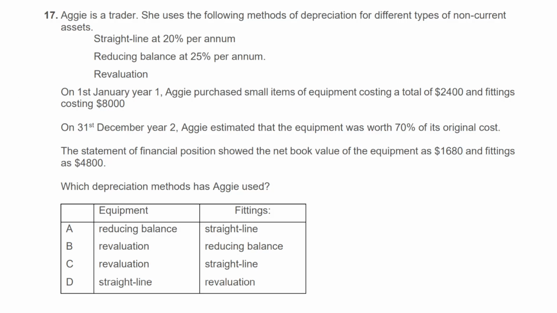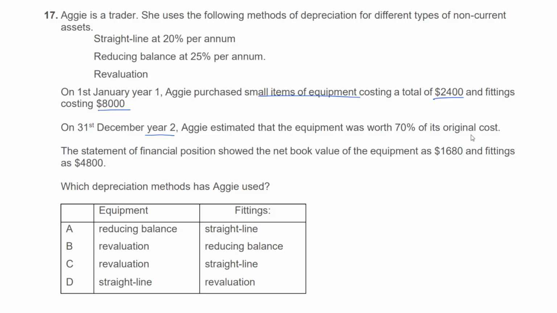Okay, let's see. On 1st January year 1, Aggie purchased small items of equipment costing a total of 2,400 and fittings costing 8,000. And on 31st December year 2, I believe they're talking about, if this is the first year of trading, the second year of trading, Aggie estimated that equipment was worth 70% of its original cost.